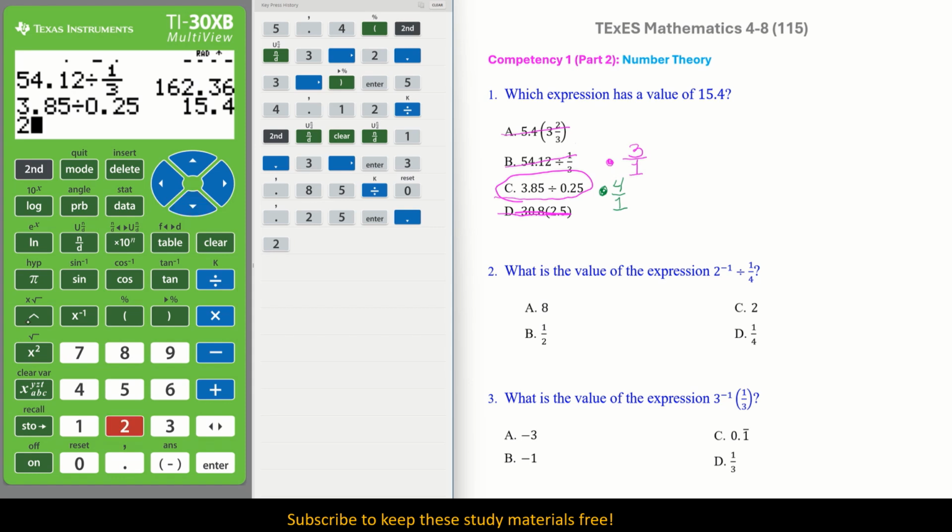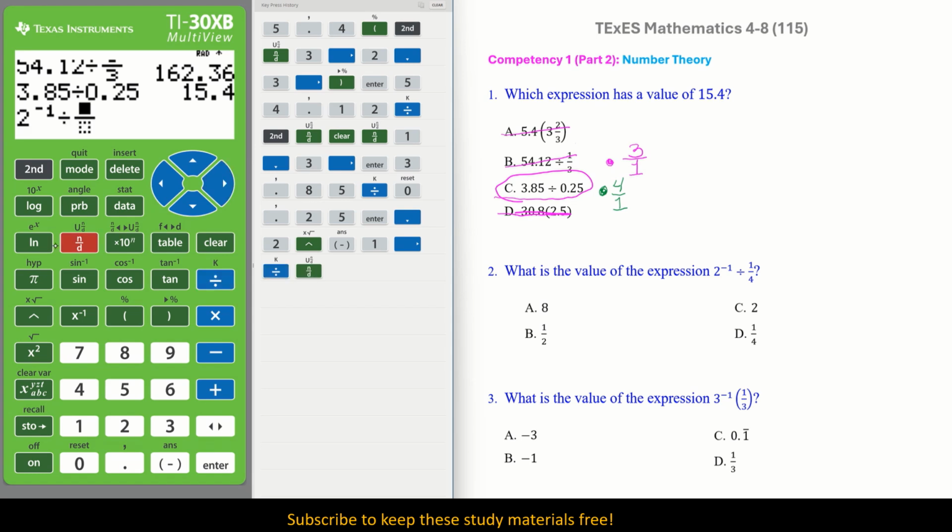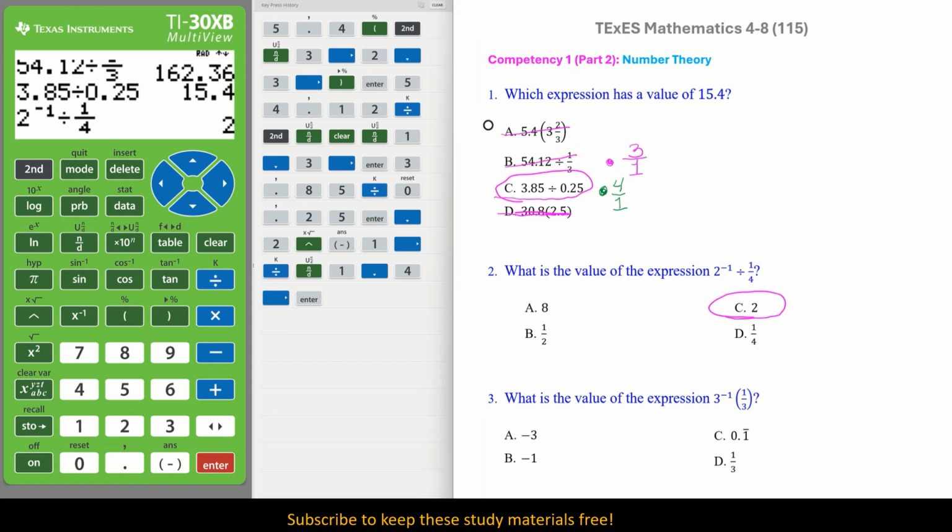So 2, caret up, negative 1, arrow over. You have to arrow over or you're going to get a mess. Now divide, fraction, 1, arrow down to 4. Let's push enter. Yes, our value is 2, which is option C.